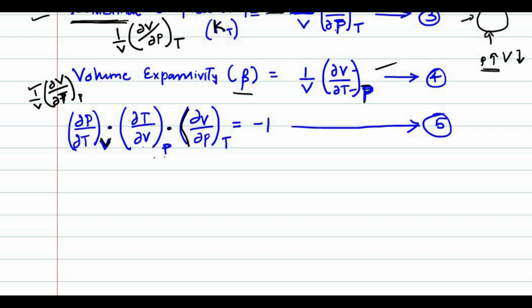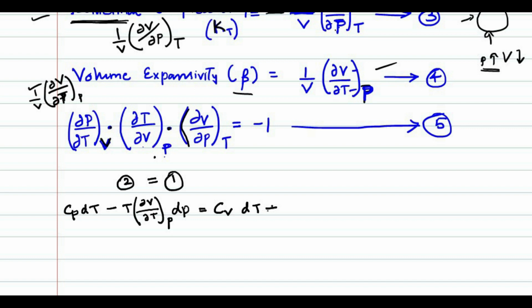So if we equate, we will be getting Cp dT minus T dou V by dou T at constant pressure into dP is equal to Cv dT plus T into dou P by dou T at constant volume into dV.